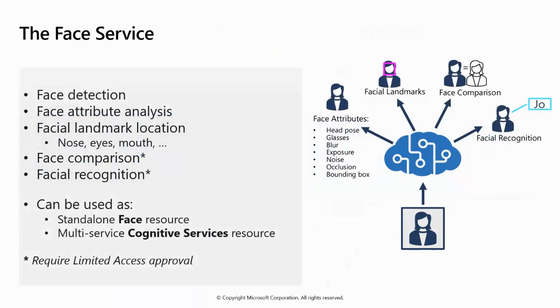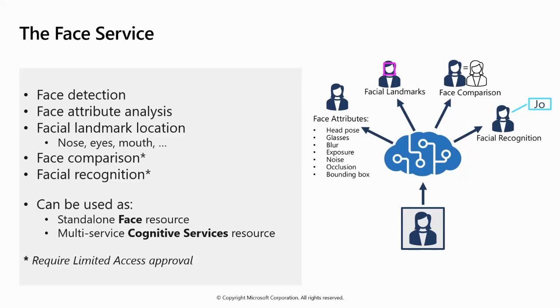For each detected face, the result includes an ID that identifies the face and its bounding box coordinates indicating its location in the image. We have face attribute analysis, and we can return a wide range of facial attributes like the head pose in 3D space, such as pitch, roll, and yaw orientation.